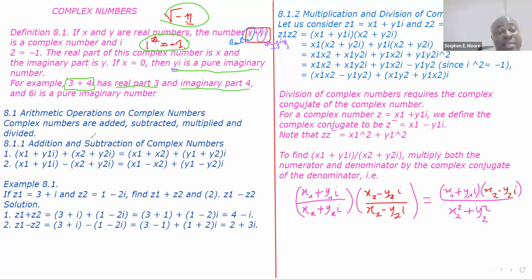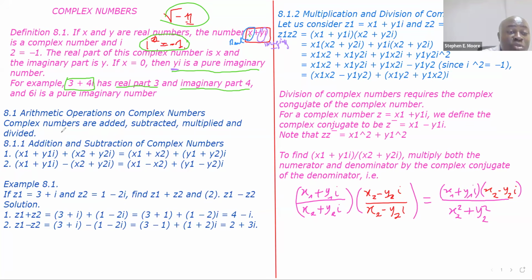Next, the question we need to ask ourselves is, can we add these numbers? Can we subtract them? Can we multiply them? Can we divide them? This is what we now try to solve.